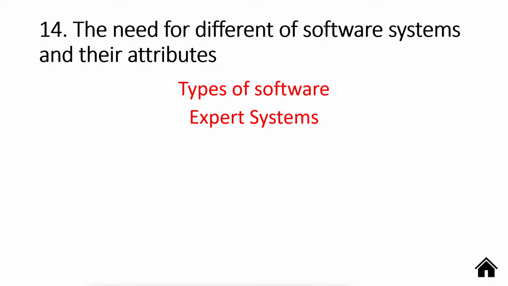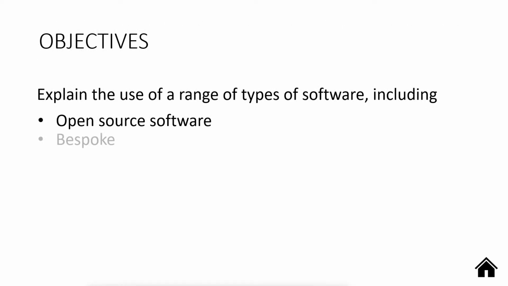Okay, here we go. Last bit now, people. Three types of software. Now we need to know the characteristics of these and the advantages and disadvantages of them. Now you might be asked in the exam about why you would choose one over the other.